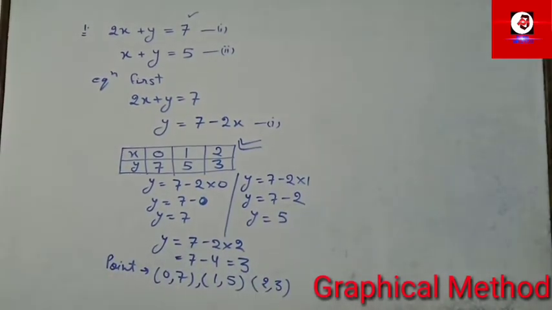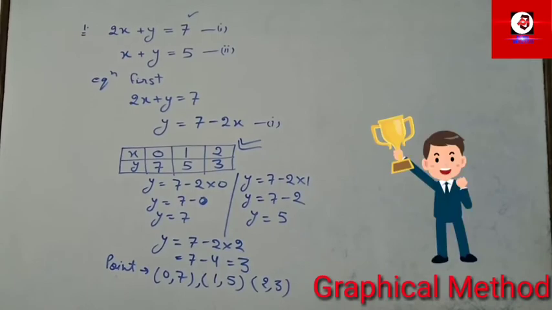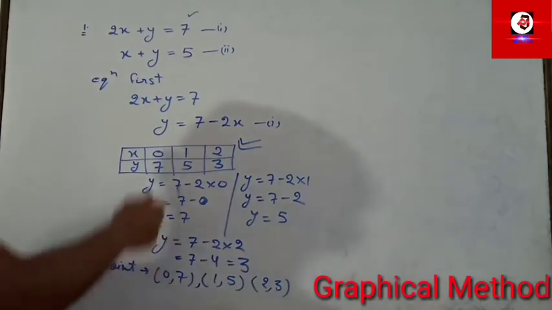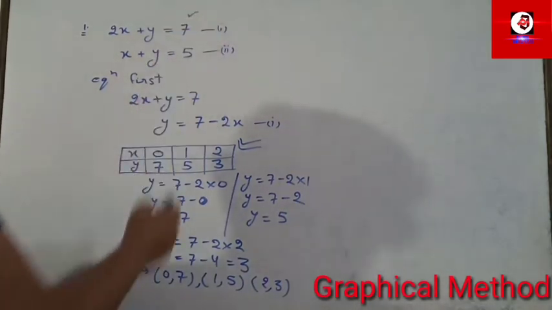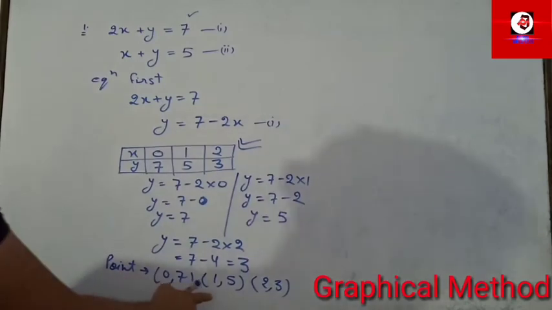This is your first equation for the graphical method. The same condition we will apply on the second equation. We will put the values of x as 0, 1, 2 and find the values of y.